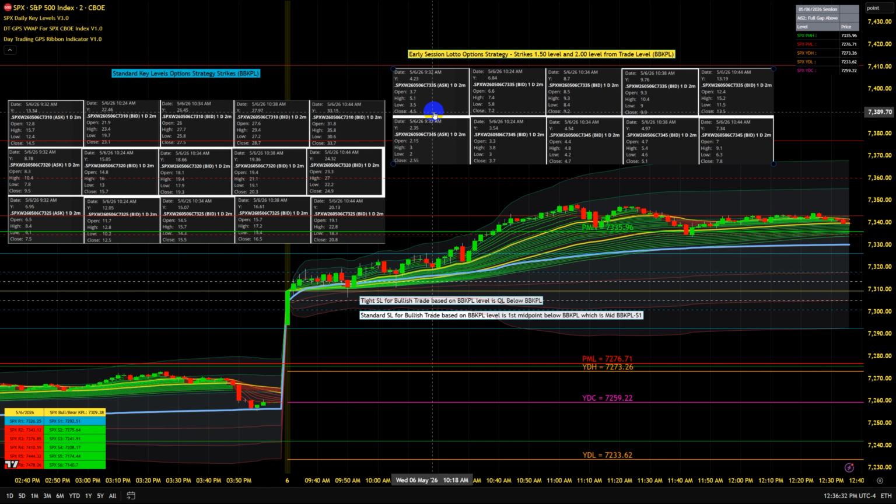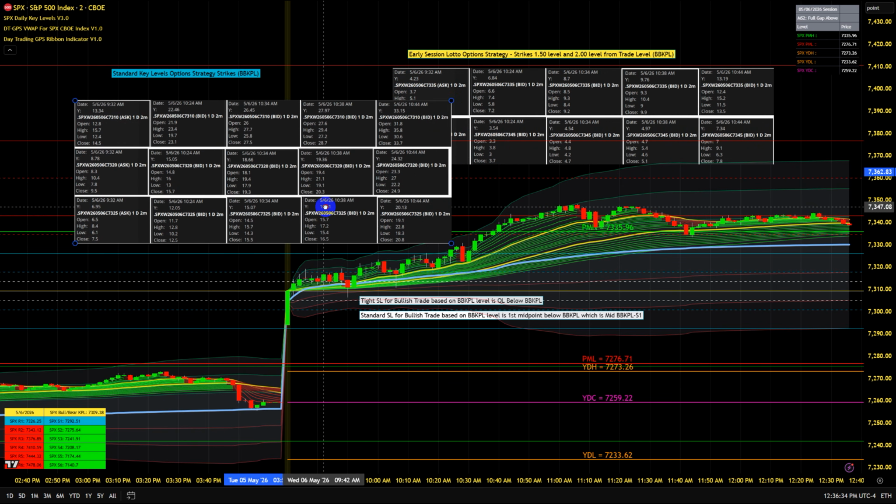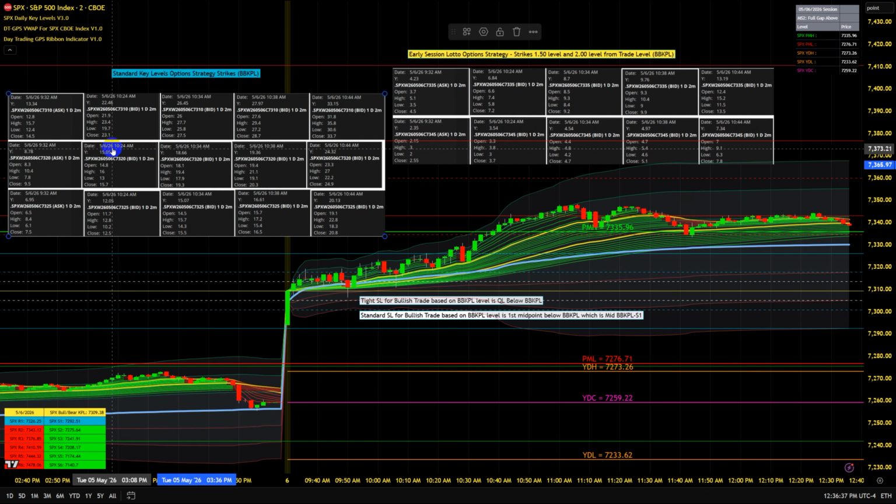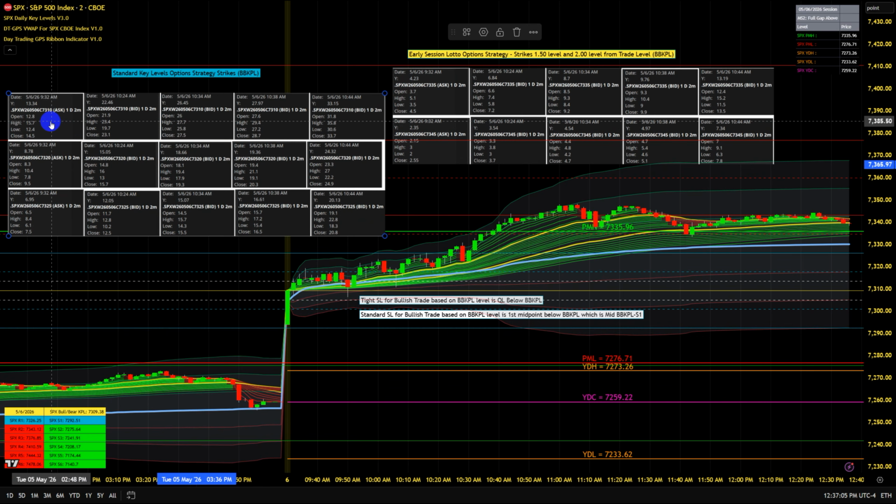It really just comes down to the cost of these options versus the cost of these options here. With these options here, if for example, price started reversing and going down, and let's say it hits the standard stop loss, then in the case of these trades here, you're generally going to be looking at somewhere between a 35 to 60% loss on a hit of the standard stop loss.